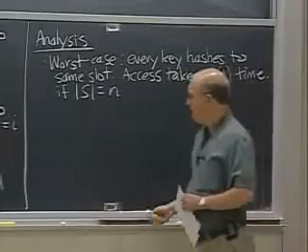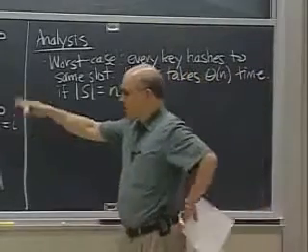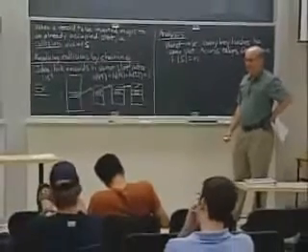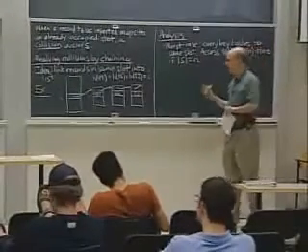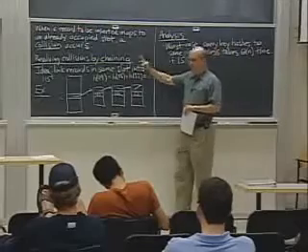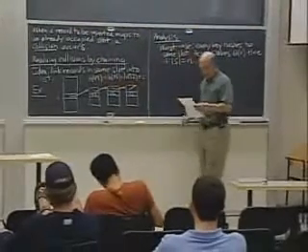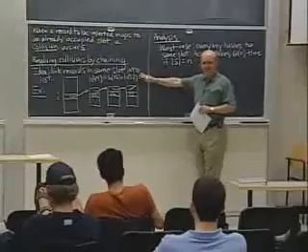So from a worst case point of view, this doesn't look so attractive. And we will see data structures that in the worst case do very well for this problem, but they don't do as well as the average case of hashing.